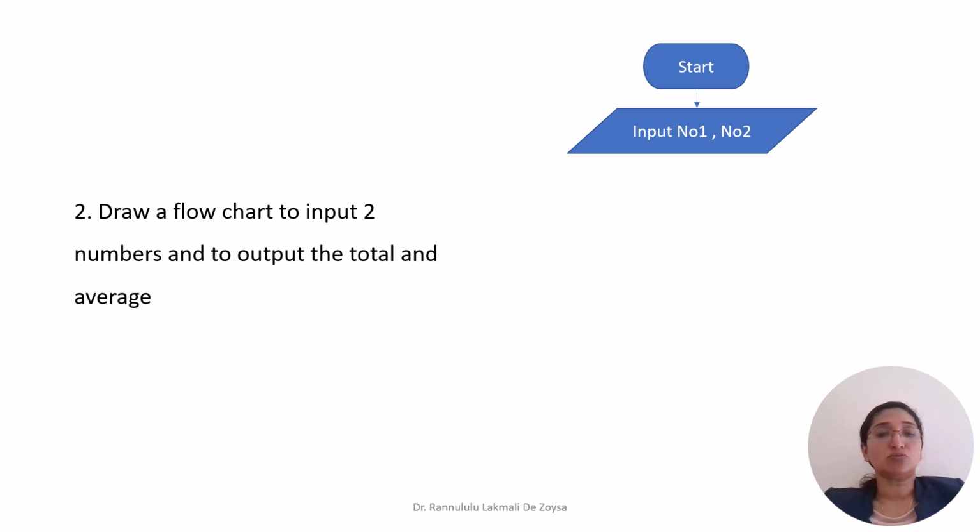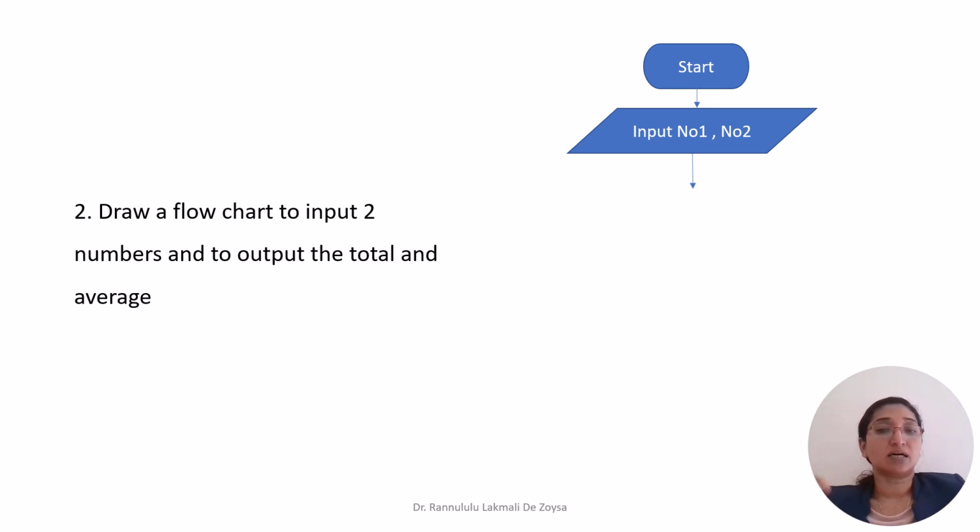So once you get the two numbers, then what you should do? You need to add the two numbers to get the total. How to write this? What is the symbol that you need?